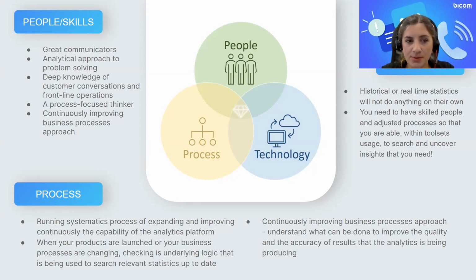They need to be process-focused thinkers, and they also need to continuously improve the business process approach. So they need to have a bright mindset so that they are continuously finding new ways to improve the quality and accuracy of insights generated from the tool sets.